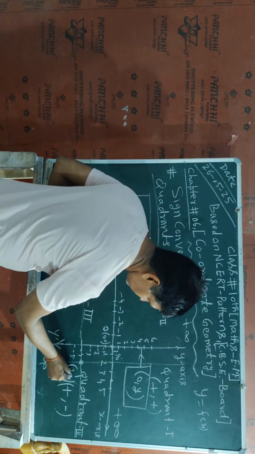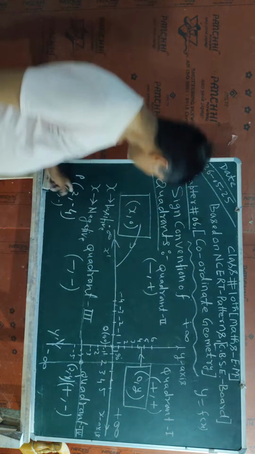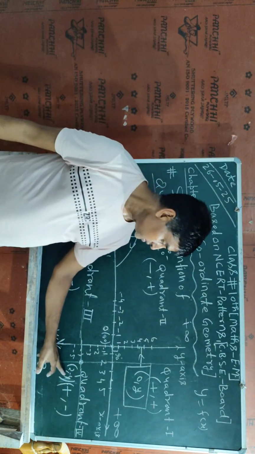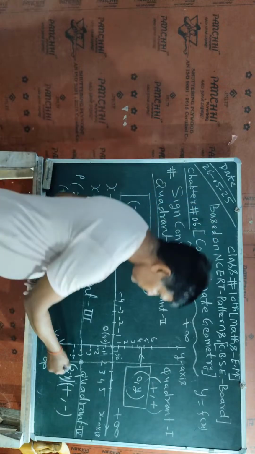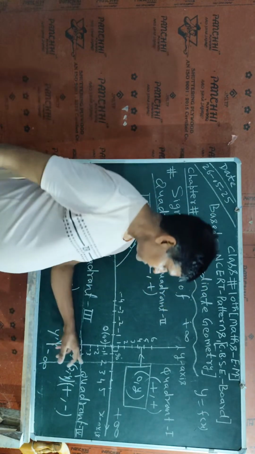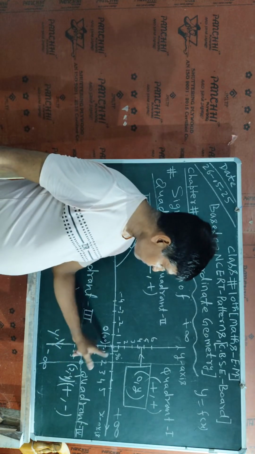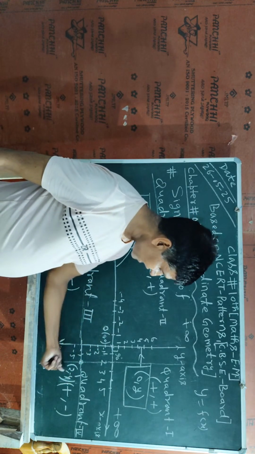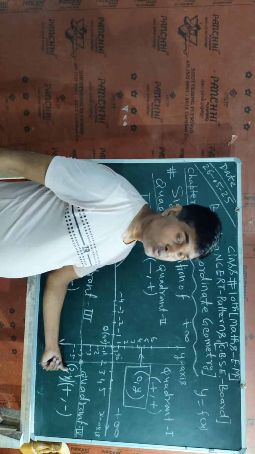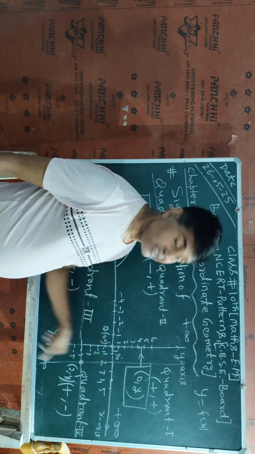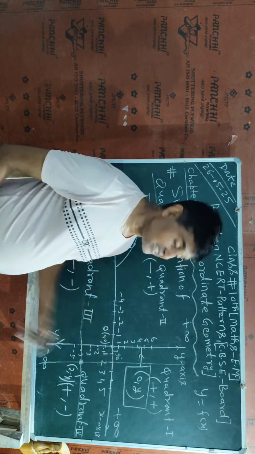So (2, -4) is in the fourth quadrant, and its actual position is here. From the y-axis I have considered 2 units of distance, and from the x-axis I have considered 4 units of distance, because distance is always positive.